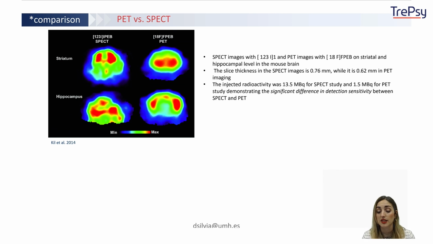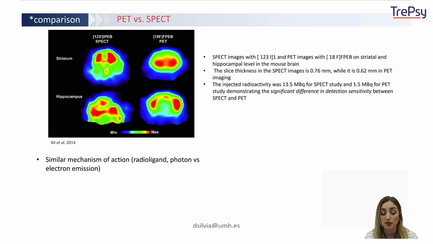So in this case, the resolution has been relatively matched. It's a bit higher for PET. This is the mouse brain, but to achieve similar contrast, the injected radioactivity was 10 times higher for SPECT. And this is demonstrating the significant difference in detection sensitivity between the two techniques.